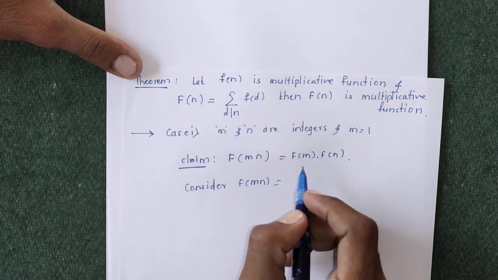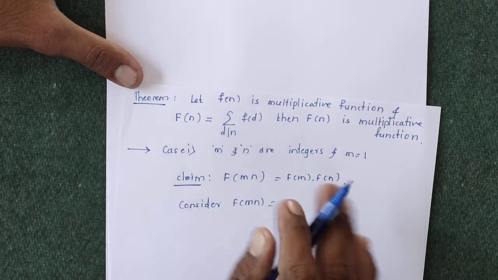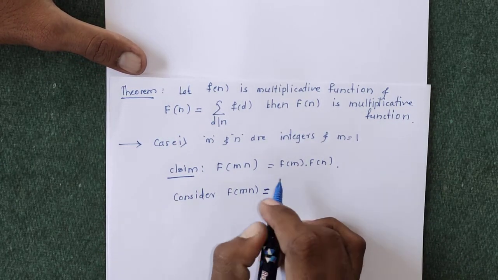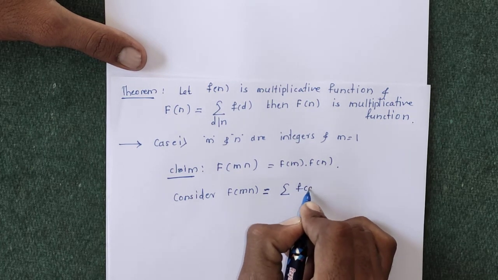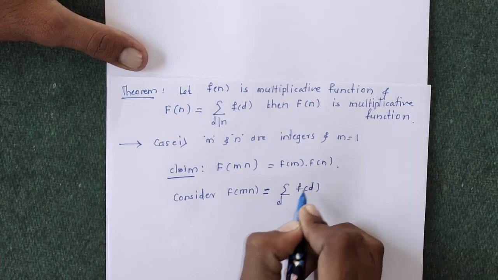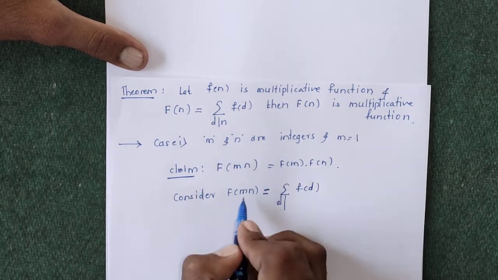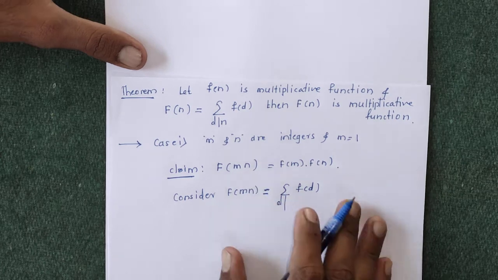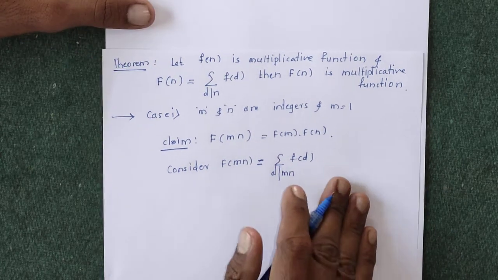We are given F of n as the summation of f of d, so using this definition of F we can write the summation of small f of d, where d must be a divisor of m into n.